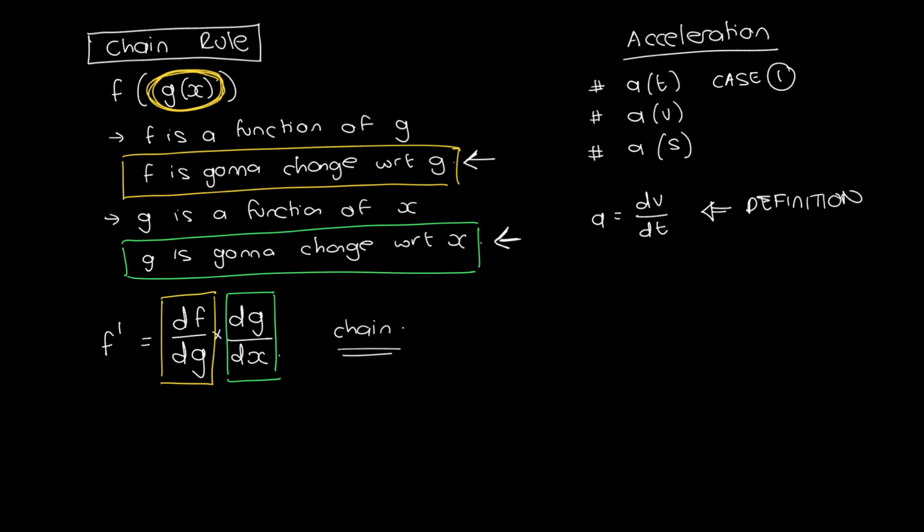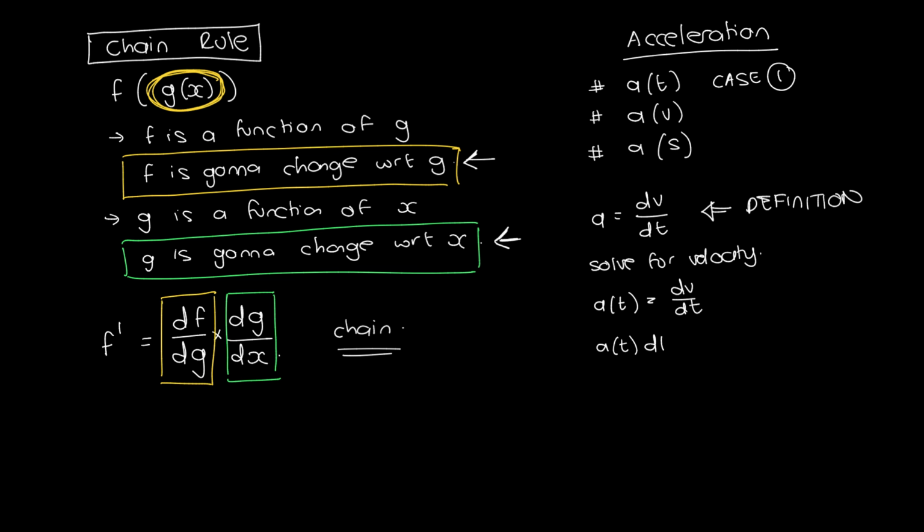And then if you want to solve for velocity, where acceleration is dependent on time, we're going to have a(t) equal to dv dt. We can separate the variables since acceleration is dependent on time.